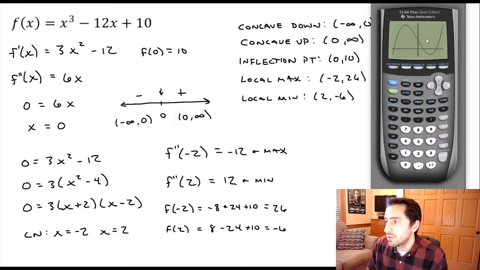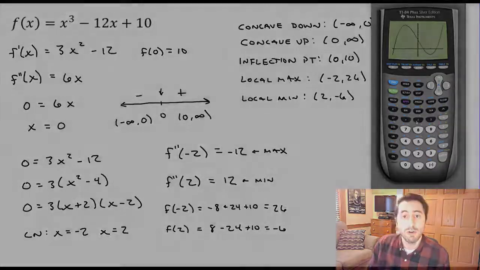And now everything to the right of 0, our function is bending upwards, indicating concave up. So again, the second derivative test is another way that we can find local extrema, but overall, the second derivative does give us a lot of information about the graph of a function.